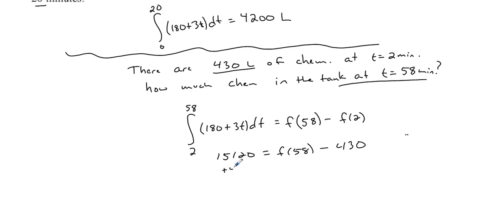So add 430, and we get f of 58 equals 15,550. And then liters, so we would make this more specific: there are 15,550 liters of chemical in the tank at t equals 58 minutes.